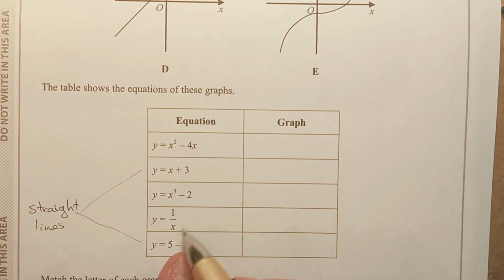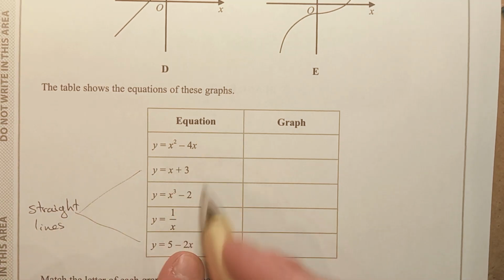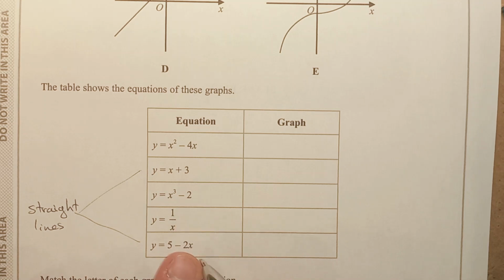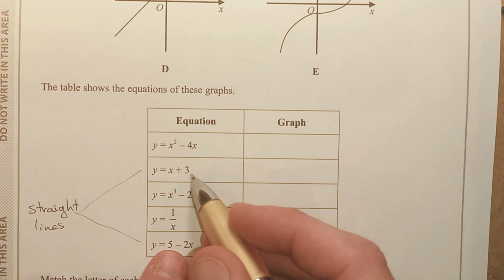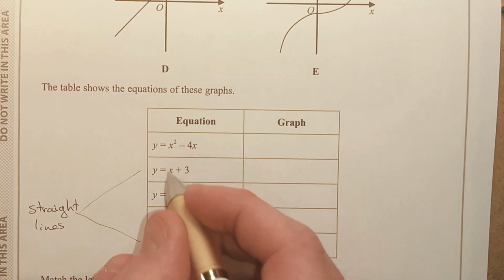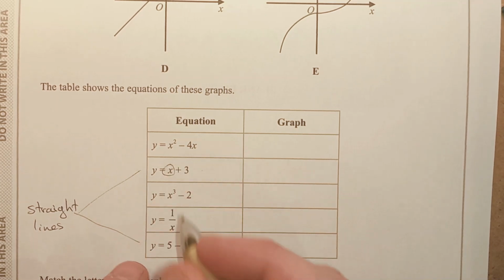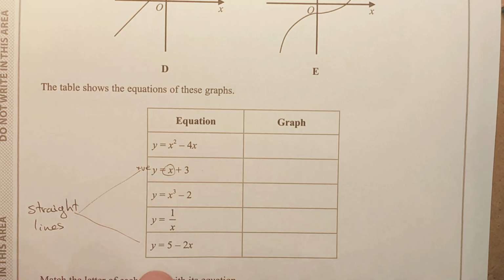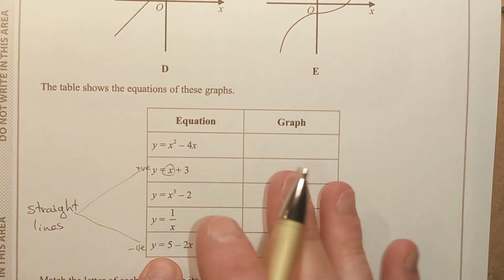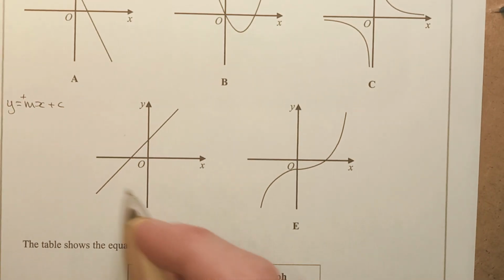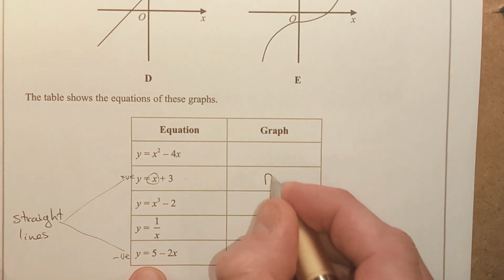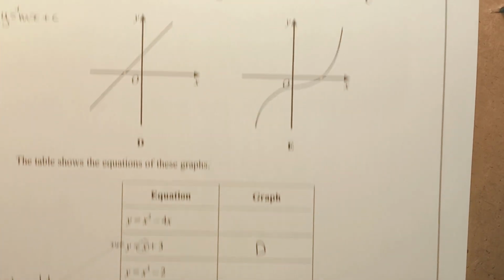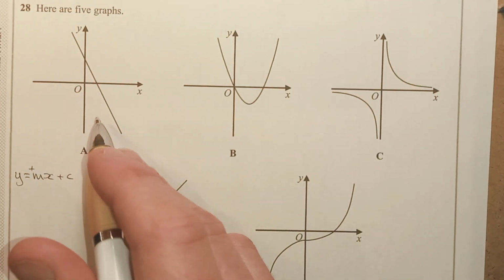They haven't got an x to a different power, squared, cubed, or 1 over. So it's one of these two. And remember we said if it's sloping up, it should have a positive gradient, so a positive x. And this has got a negative gradient, so sloping down. So which was the one sloping up? So D's sloping up. So that would be this one here. And this one's sloping down. So that's going to be A.